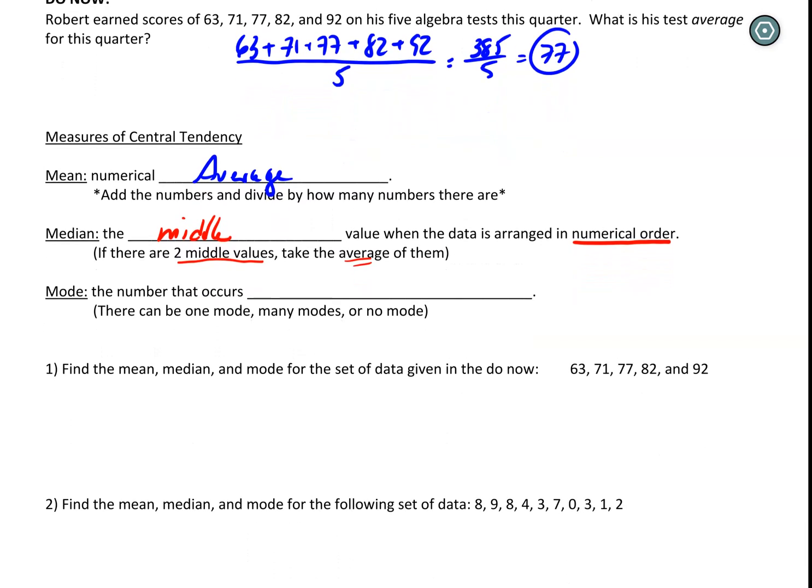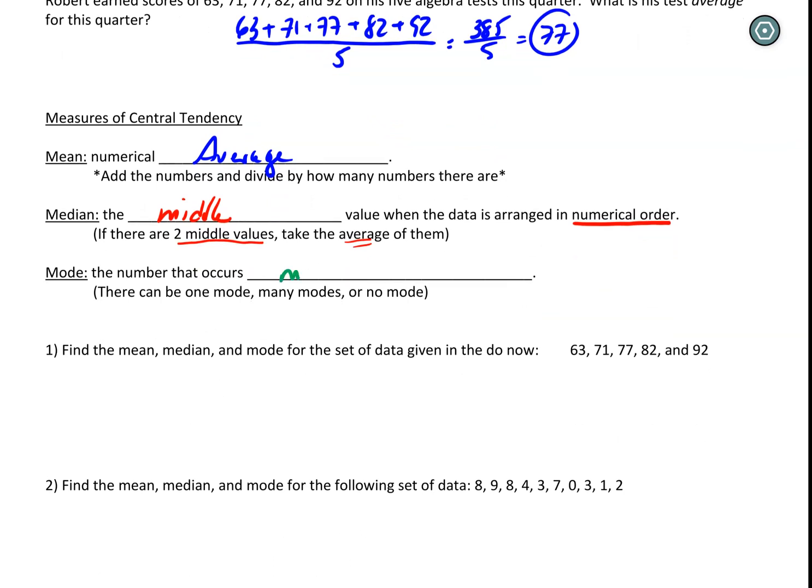The other piece of information that we're going to talk about for today is the mode, and that's the number that occurs the most. So think mode, most. So it's a repeating portion. There can be more than one mode, and there is a possibility to have no mode. It depends on the frequency of that specific piece of data.